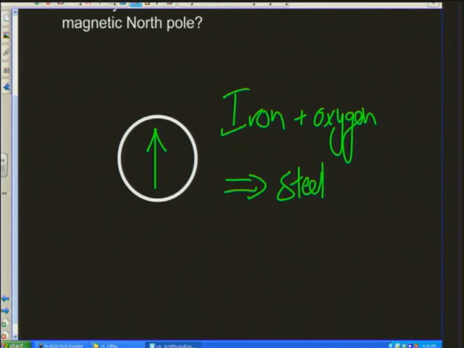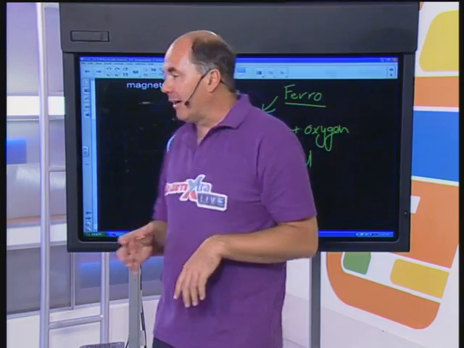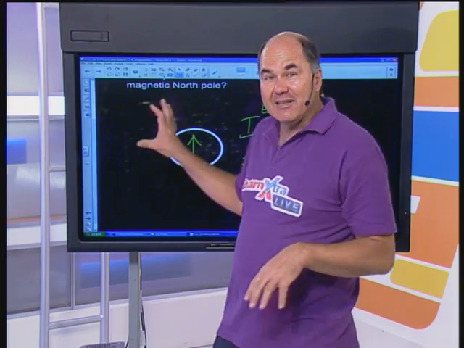And this is, because it's got iron in, the symbol for iron is Fe, and we use the symbol or the prefix ferro when we're dealing with iron. So when we talk about ferromagnetism, we're talking about those things that have iron in them that give them the magnetic properties.